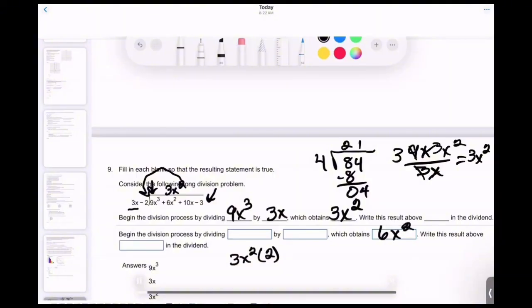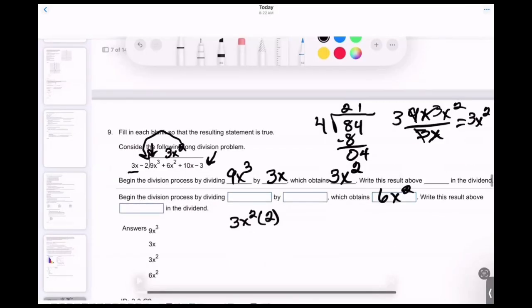So when I multiply 3x squared times 2, I get 6x squared. That's the only thing that they were trying to get you to see. So begin the process by dividing 9x cubed by 3x, which obtains 3x squared.